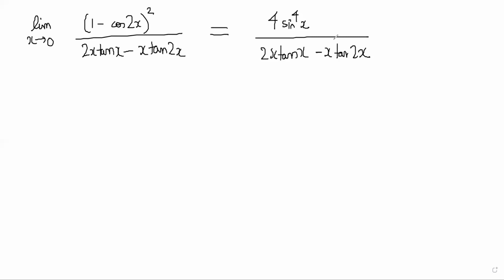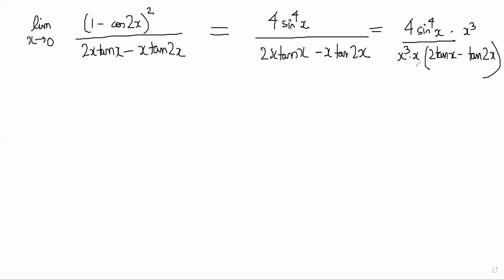Okay. So you need an x power 4 for this, right? So actually it is just becoming 4 sine 4x by x power 4, multiplied by x cube here, and x comes from the factorization. 2 tan x minus tan 2x, right?